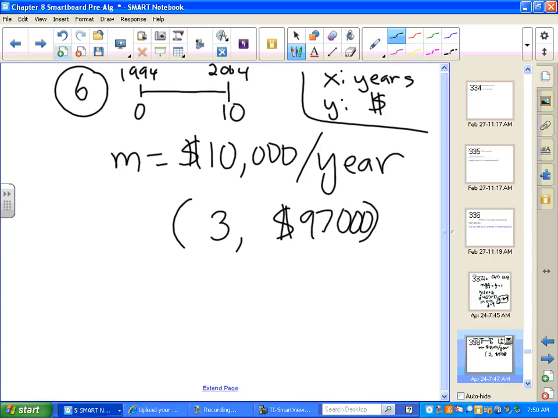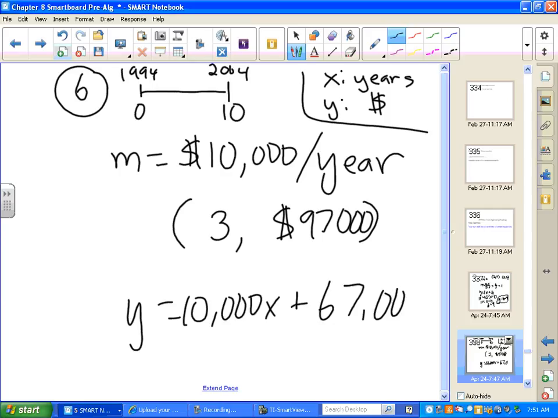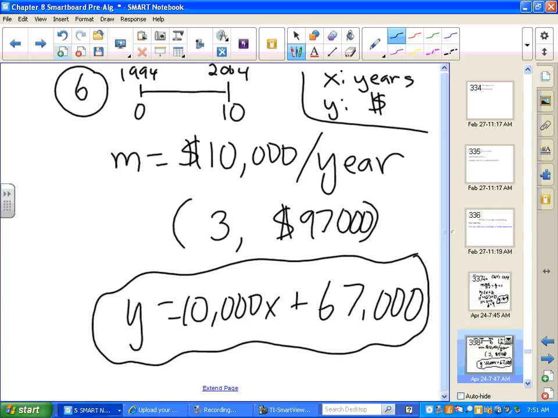Plug this in for x, this in for y. You end up with a linear function of y equals 10,000x plus 67,000. So Jeremy's right. The hardest part of these word problems is figuring out whether you're given 2 ordered pairs or whether you're given slope and an ordered pair.